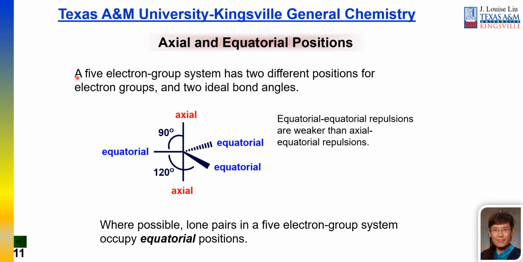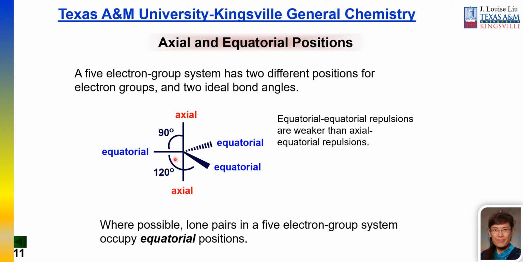In the 5-electron group system, you are going to find two different positions for the electron groups. And you also find two ideal bond angles. The first position you call the axial position. The second position is called the equatorial position.